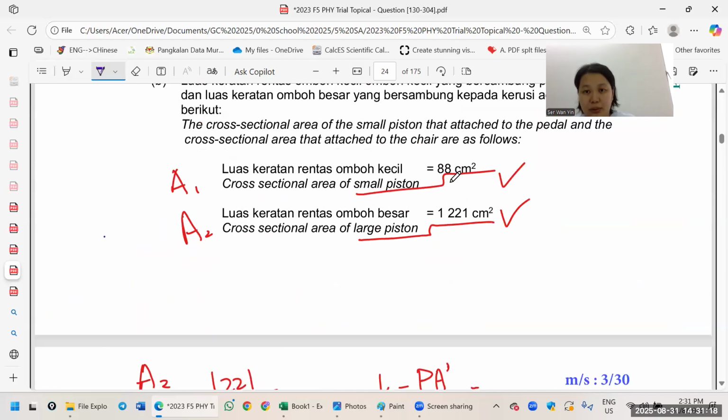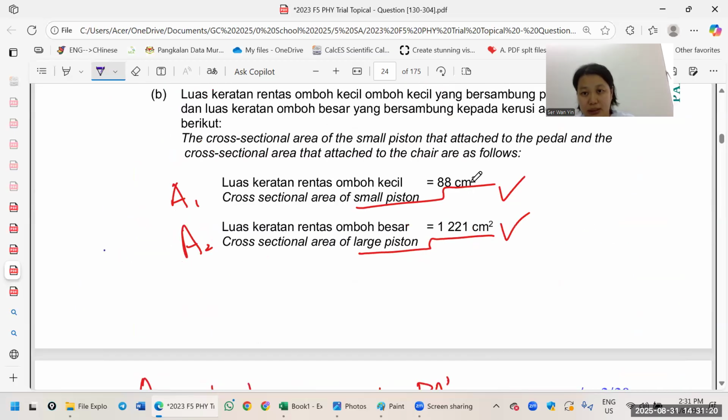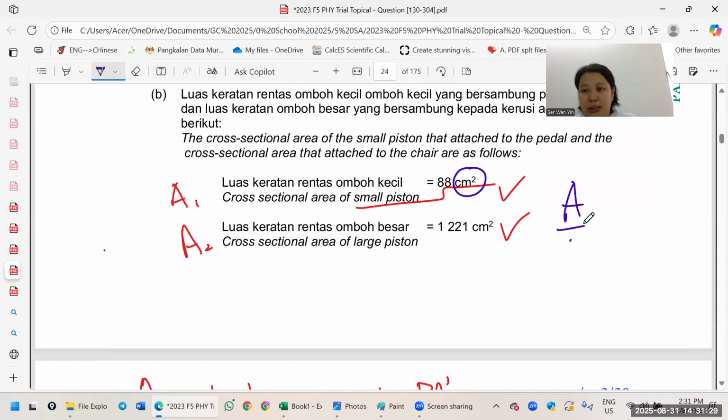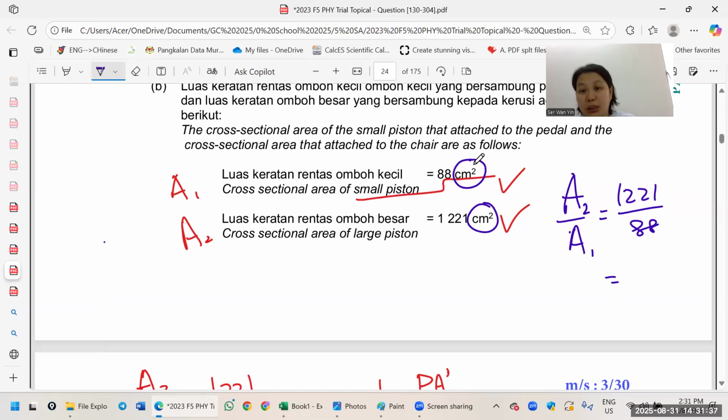Okay, so Pascal principle. If this is cm squared, no need hesitate, just divide them. A2 minus A1, same. 1221 divided by 88. Done. Just be careful here.